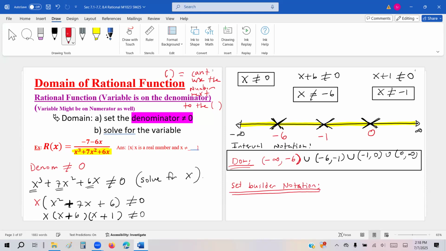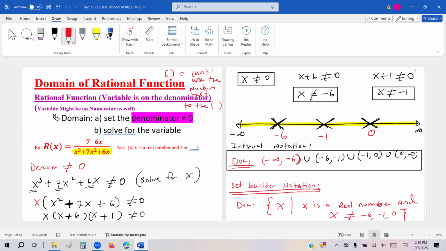The set builder notation says, well, our domain is the set of all the x values so that x is a real number and x cannot be -6, -1, 0.